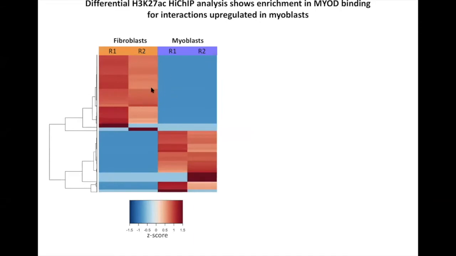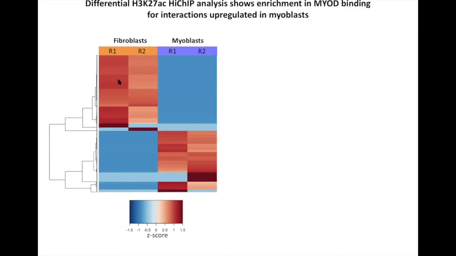We also looked at the ChIP-seq and HiChIP profiles and the reproducibility of the interactions captured in the fibroblasts and the MyoD ectopically expressing fibroblasts, which we call myoblasts.